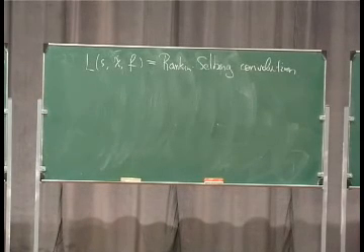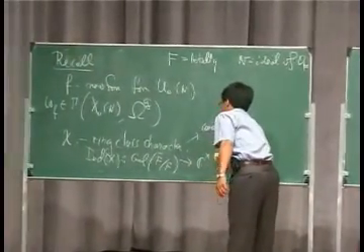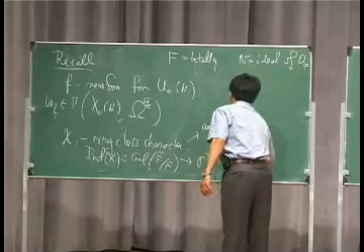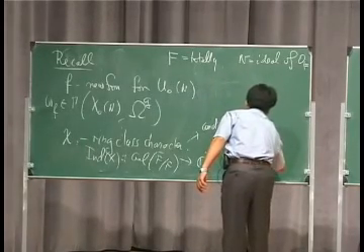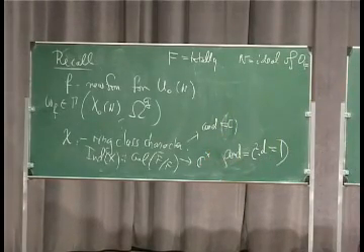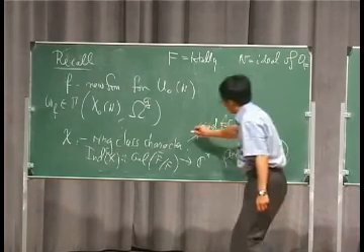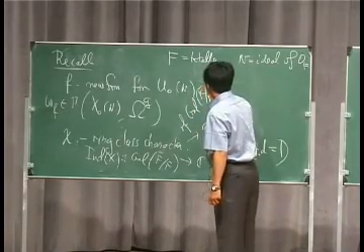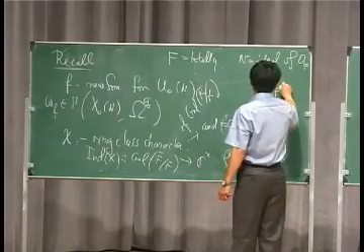I assume this character has a conductor c. Then the conductor of the induced representation will be c squared times d, which is the big D. So the big D is the conductor of the induced representation, and c is the conductor of the character, a ring class character of the Galois group of K over F, where K over F is a totally imaginary quadratic extension.